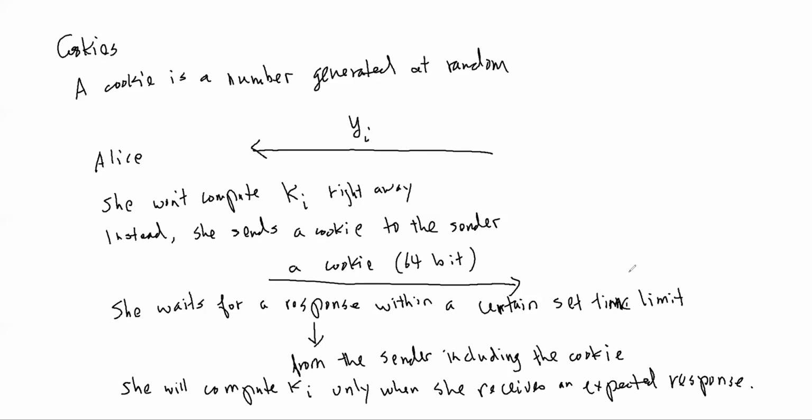That means she will not need to spend her CPU power to do unnecessary things, and only when this is done can she make sure this request comes from a legitimate user that she's engaged in communications with. Okay, so that's it.